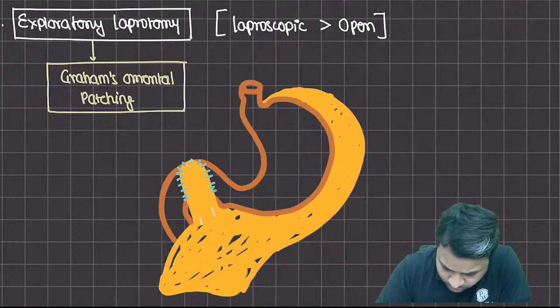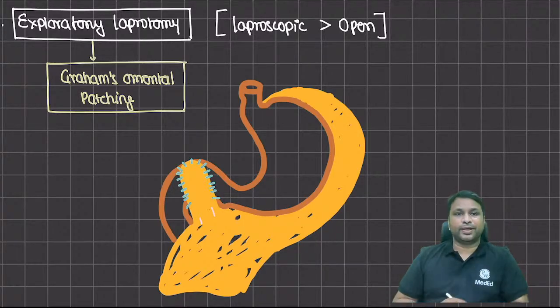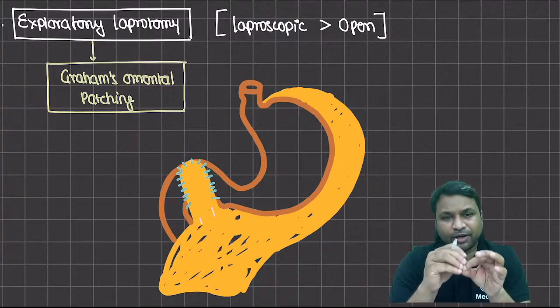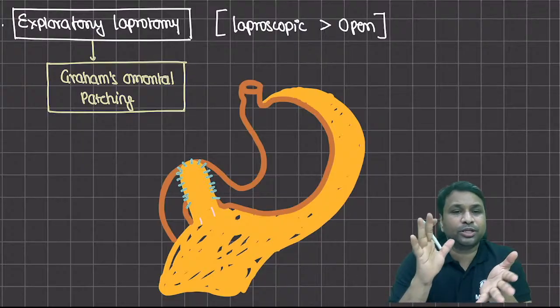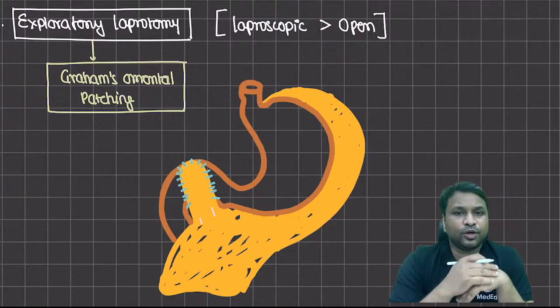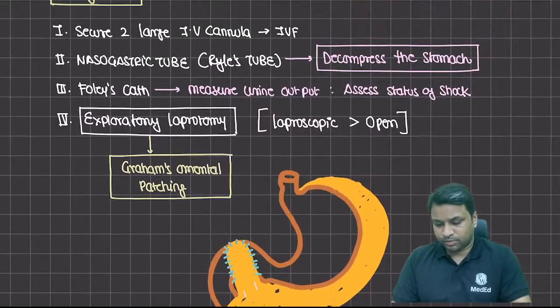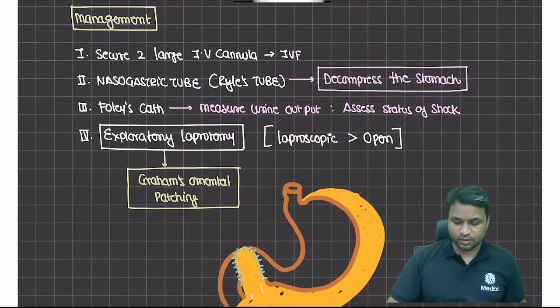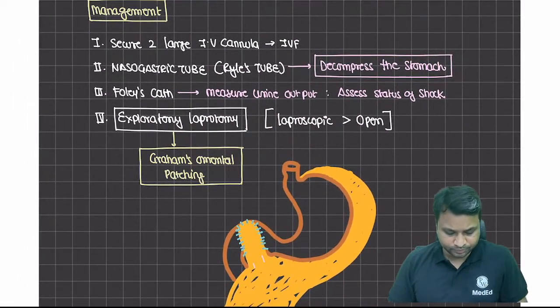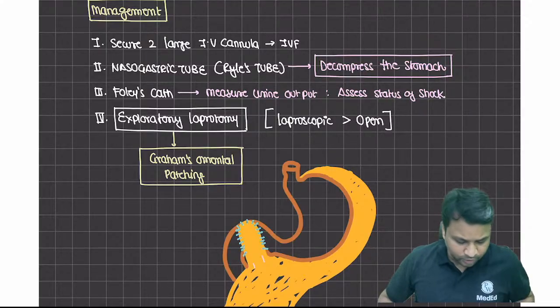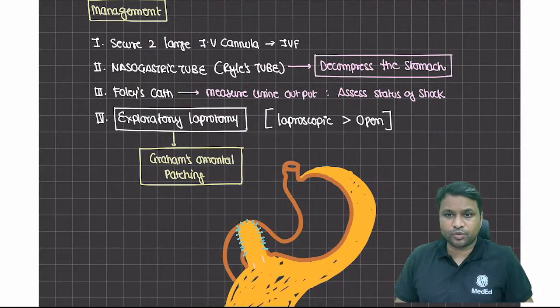Now this is what we call the Graham's omental patching. So you did a primary repair of the perforation and then you put the patch on top, and this is what we call the Graham's omental patching, and that is what you do for your hollow viscus perforation, right?